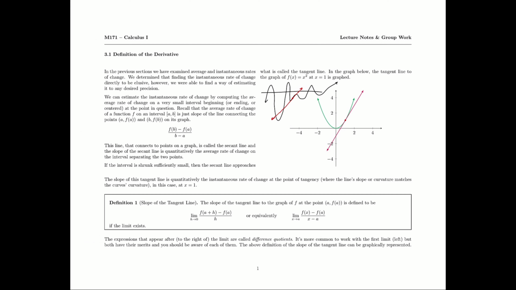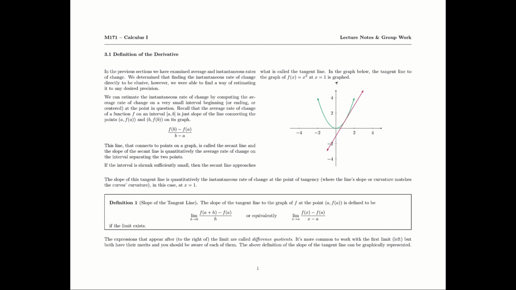So when you want to construct a tangent line, you have to know the point where you want to construct it, because you need to know what the curvature is at that location. And that curvature value is what effectively dictates the slope of that line. So we've got a tangent line here.